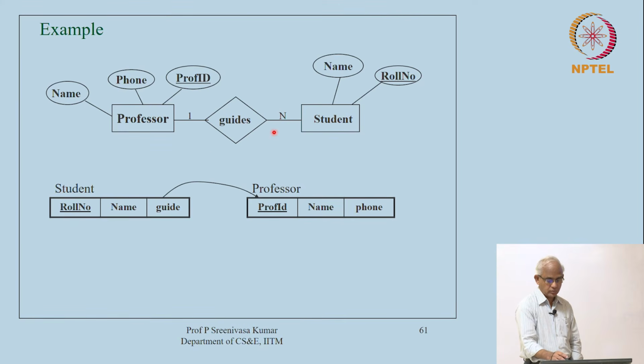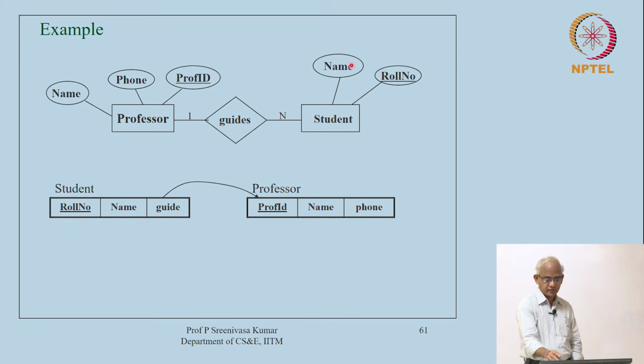And so, what we are now saying is that we take the N side entity. The N side entity is student, so it has roll number and name.